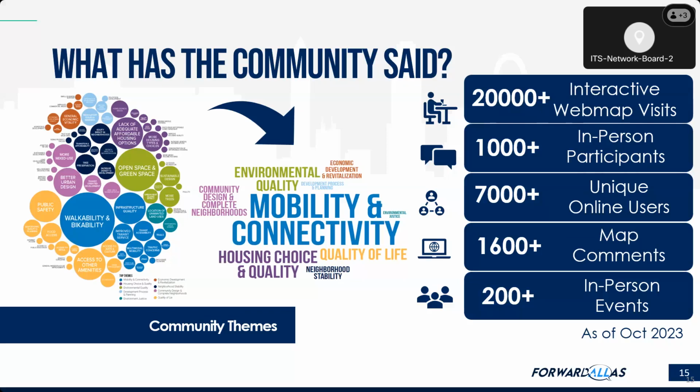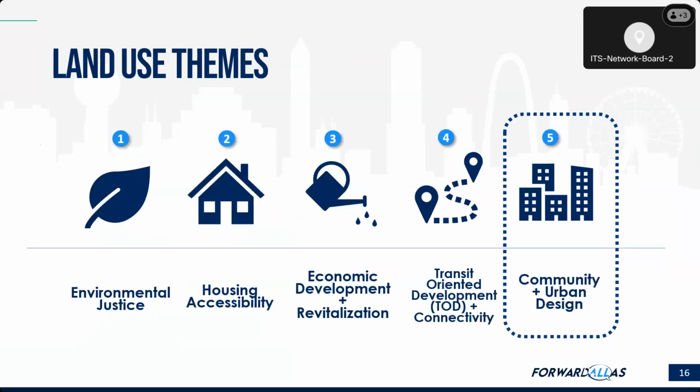On the far left, the bubble diagram shows all the inputs that we received, color coded and codified into categories. Those led to this word cloud, where we see mobility, housing, community, complete street design, and quality of life. Those are all the issues that rose to the top through our 3-year conversation, and that led to the 5 overarching themes for the plan document for Dallas.